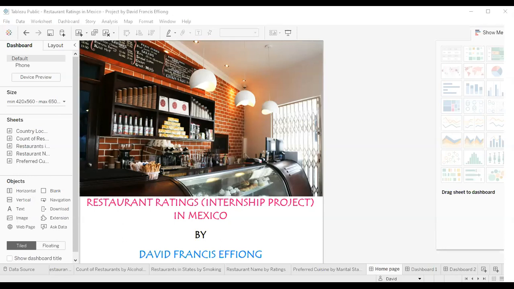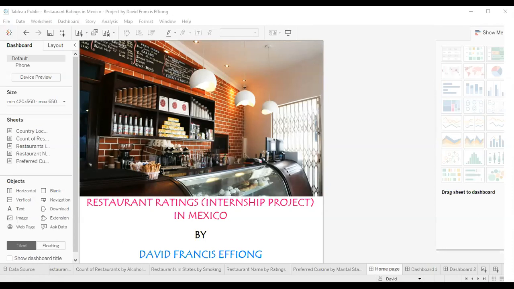And then I also looked at demand and supply gaps and how we could exploit them for opportunities for potential employers or restaurant owners in Mexico. And finally, I was also able to generate insights and visualize them, to see how to invest in a restaurant. What characteristics would anyone be looking for?